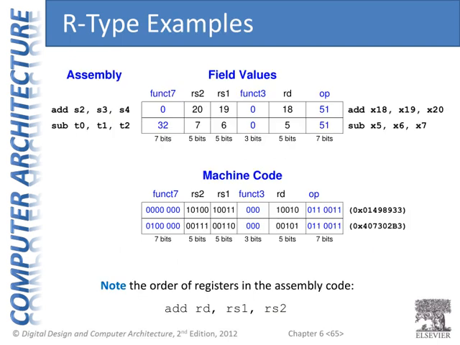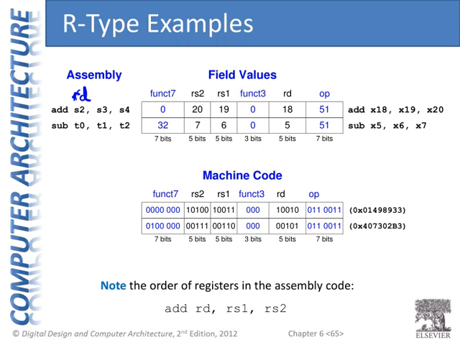So here's an example of some R-type instructions. R-type, remember, stands for register type, so our operands are all in registers. Add is one of those, an R-type instruction, because it only has register operands. We'll remember from when we first introduced it, this is our destination register, where the result is going to be put, or the destination of the result.